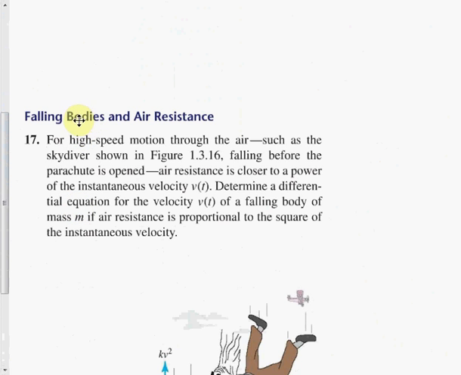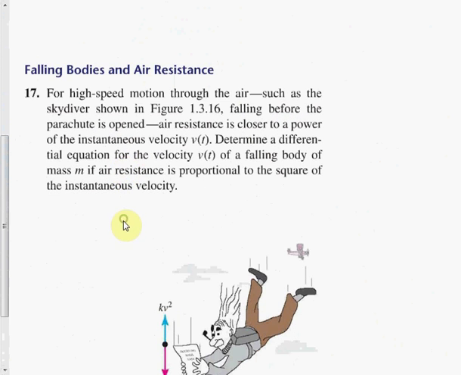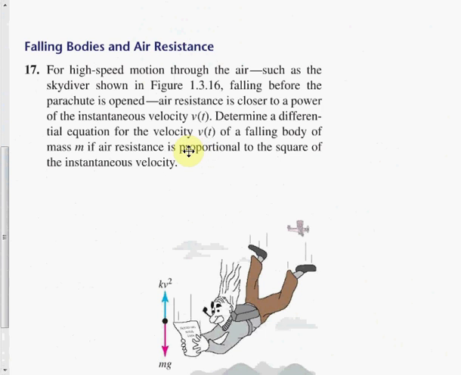As a matter of fact, that's number 15, and then number 16 deals with the falling bodies model, that F is equal to m times a. But here they say to write the acceleration in terms of the velocity. So the acceleration would be dv over dt, just the derivative of the velocity. It says that for high-speed motion through the air, such as the skydiver shown in the illustration, falling below, the parachute is open, air resistance is closer to a power of the instantaneous velocity.